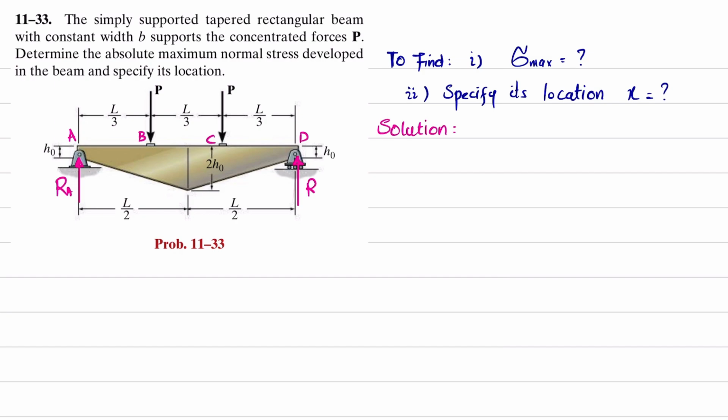Now, as the beam is symmetrical about the mid axis, RA is equal to RD is equal to P.